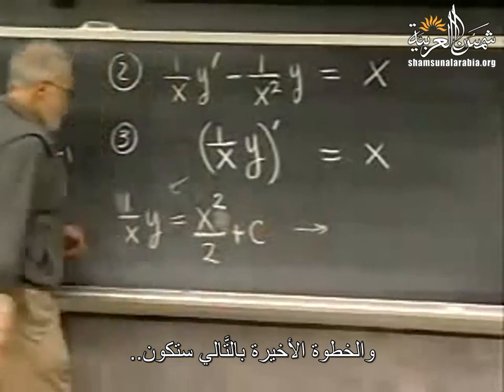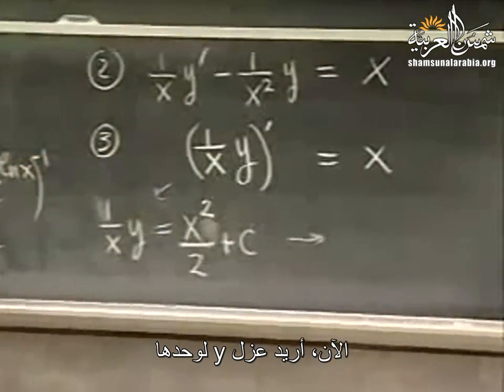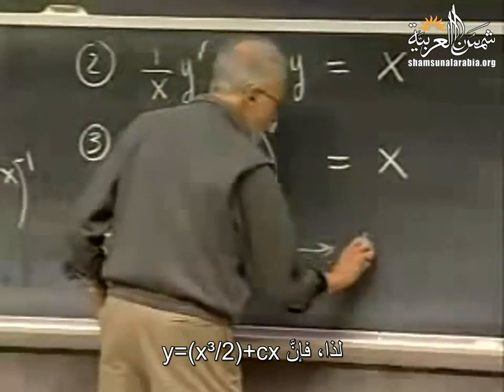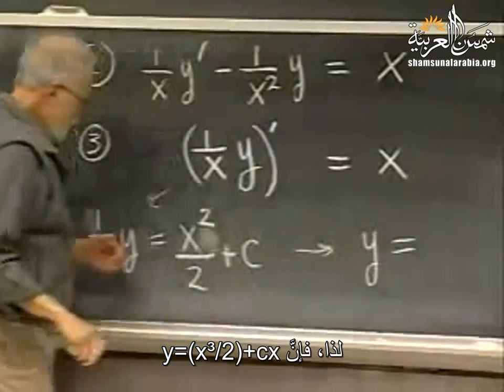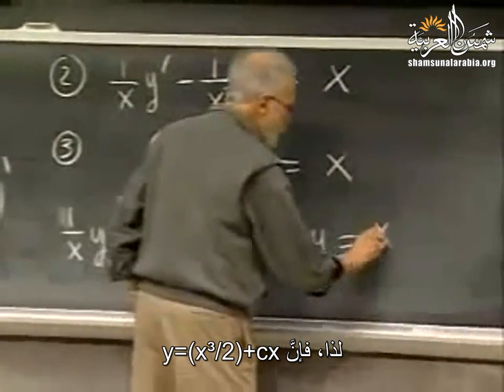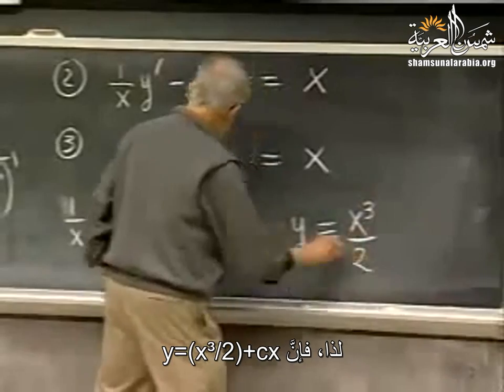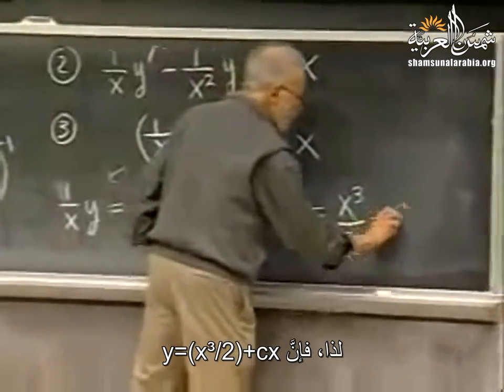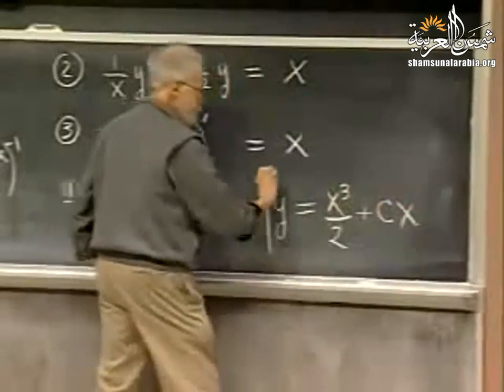And the final step will be, therefore, I now want to isolate y by itself. So y will be equal to, multiply through by x, x cubed over 2 plus c times x. And that's the solution.